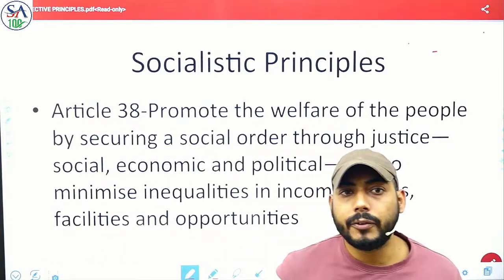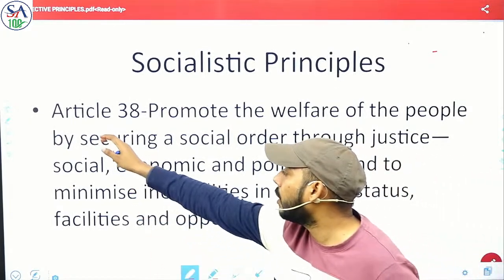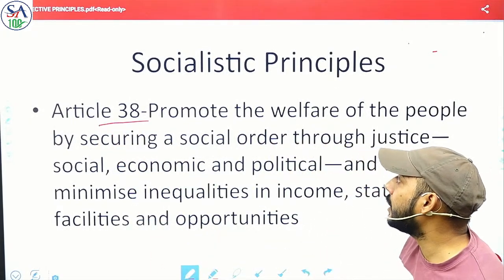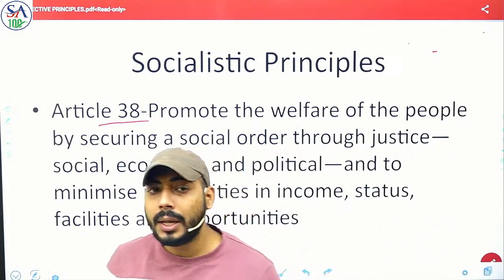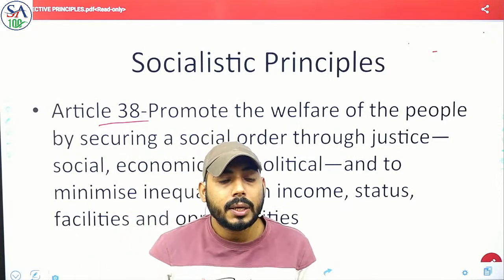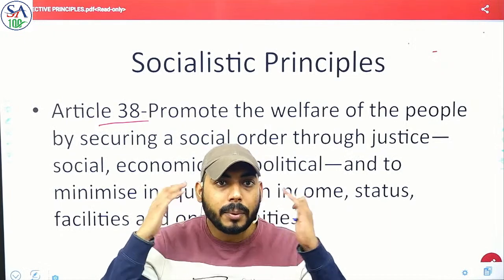We are starting with Article 38. What does this article say? You have to understand these are directions given to the state, so you have to think from that perspective.